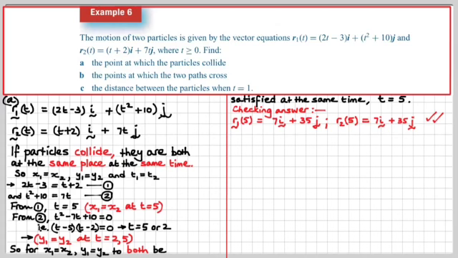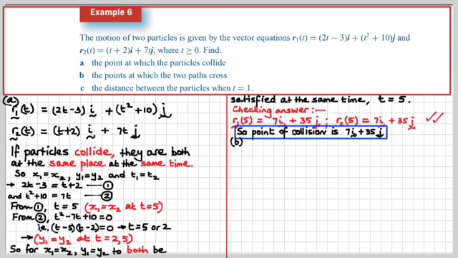So that is the position at which they both collide at time 5 seconds. Now they want the point, so if they asked you for a coordinate point, you could say open bracket 7, 35 close bracket. That's the point of collision. You get it? Nice, isn't it?